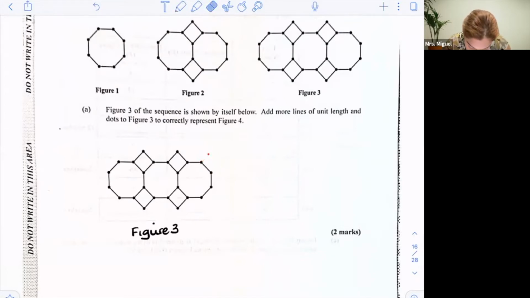So we're looking for a square. And from this square, we are looking to draw an octagon.